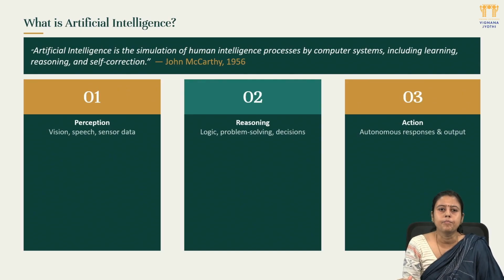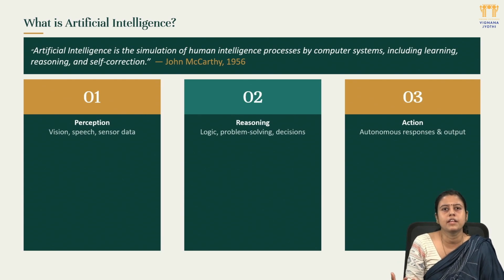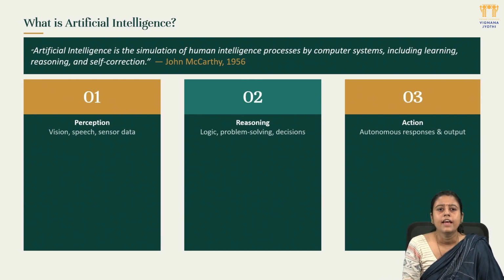The first one is perception, where we take the input from our outer world through some sensors, through some data set. It may be in the form of vision, video, speech, NLP language, or sensor data. The next one is reasoning. The machine has to understand what is behind the intelligence.